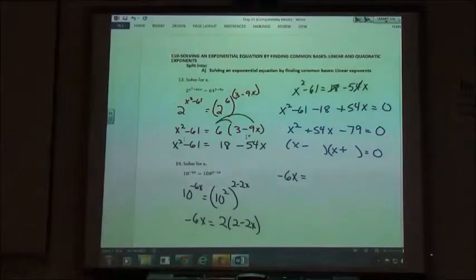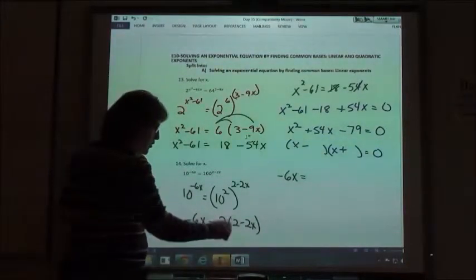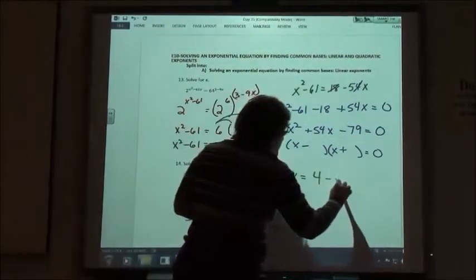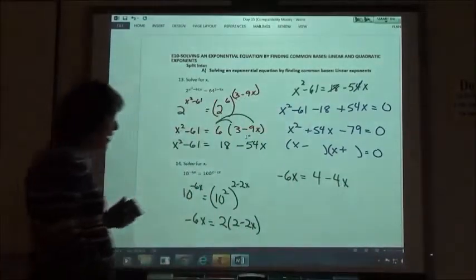So getting rid of our parentheses, 2 times 2 here would be 4, and 2 times minus 2x would be minus 4x, right?